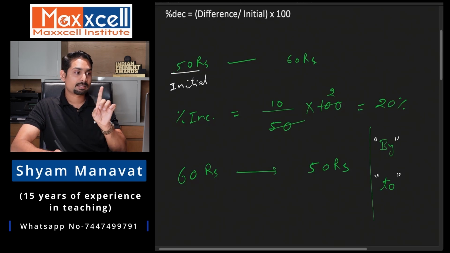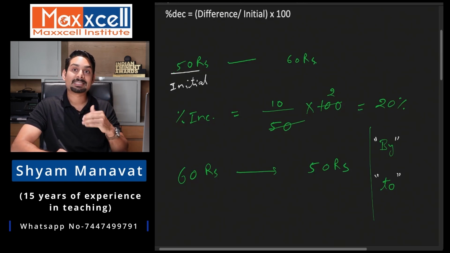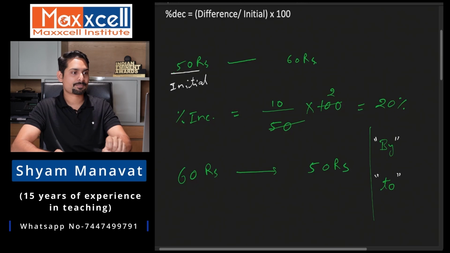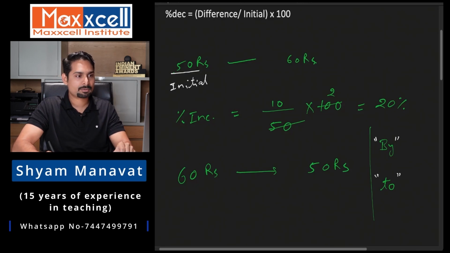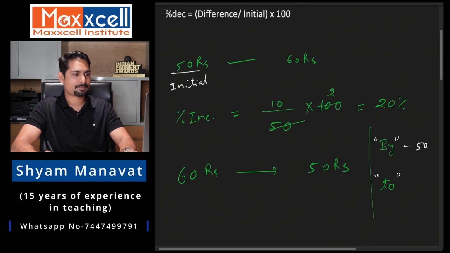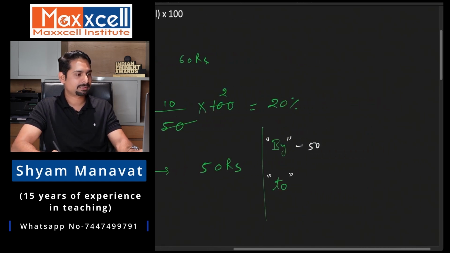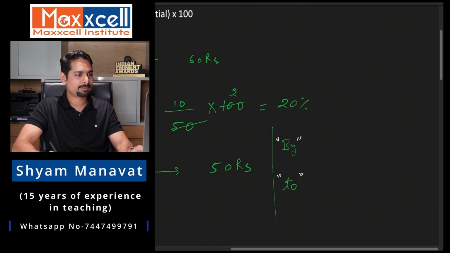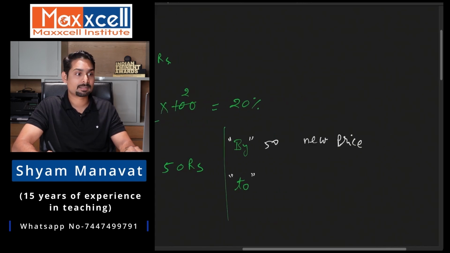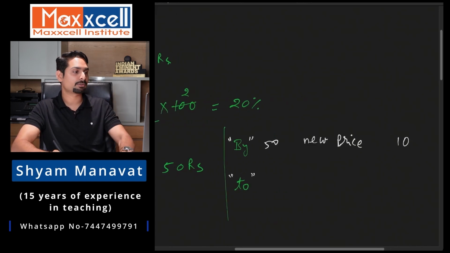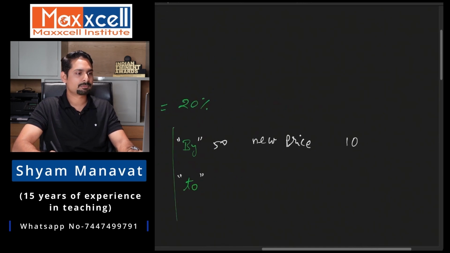If I say the price was 60 and it decreases by 50, in that case the new price would be how much? 10, because it decreases by 50. So for the new price, you will simply say 60 minus 50, right?